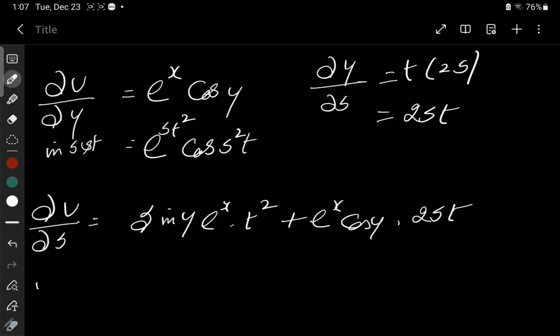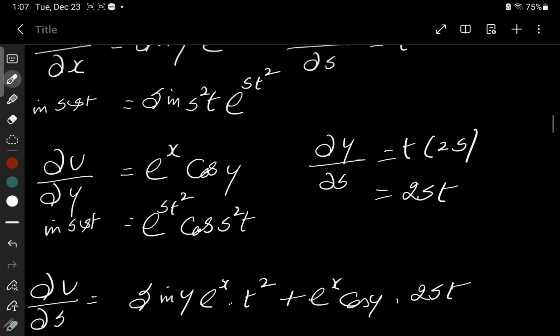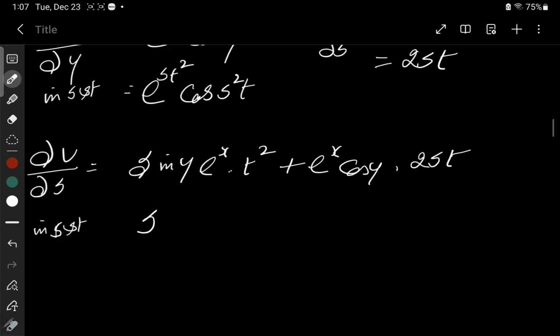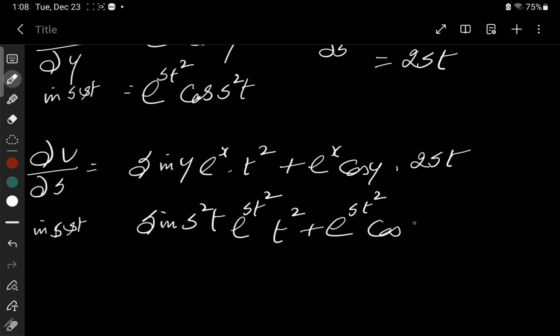So now in s and t: sin(s²t) e^(st²) t², plus e^(st²) cos(s²t) into 2st.